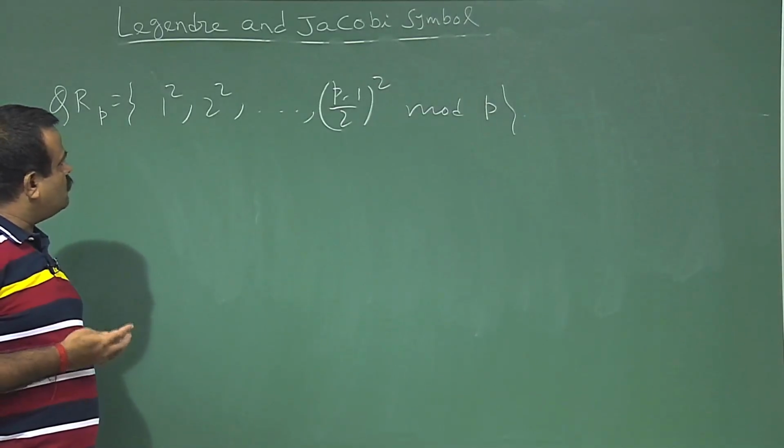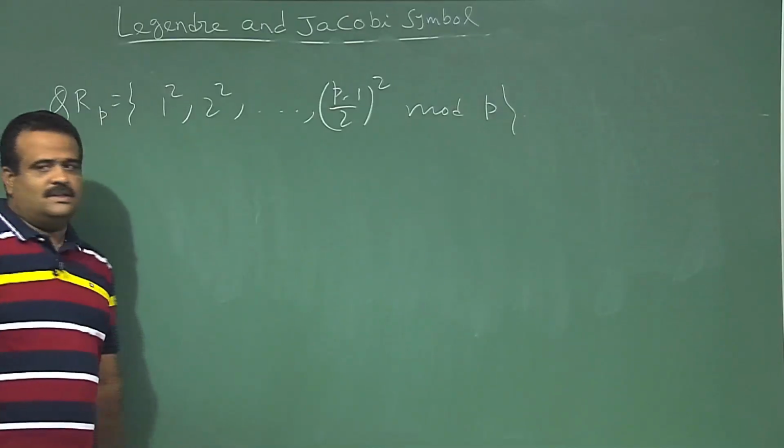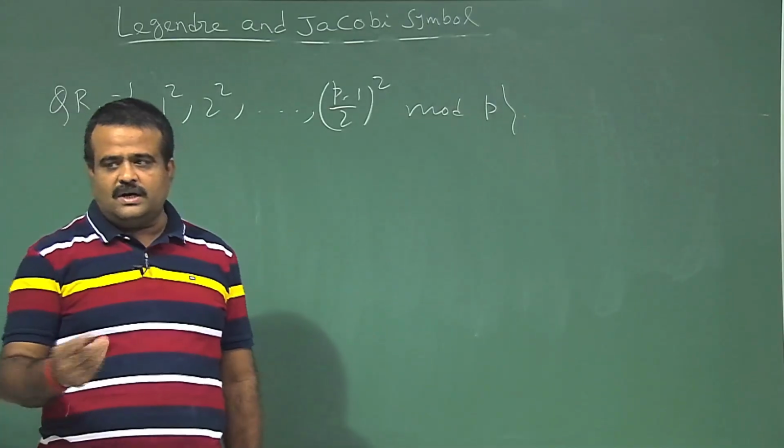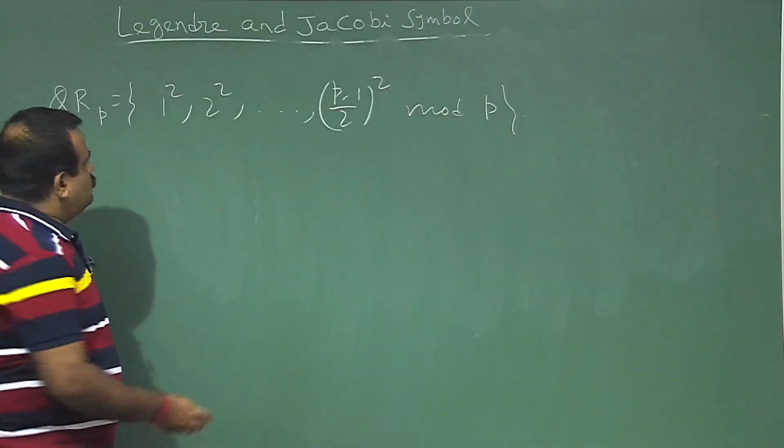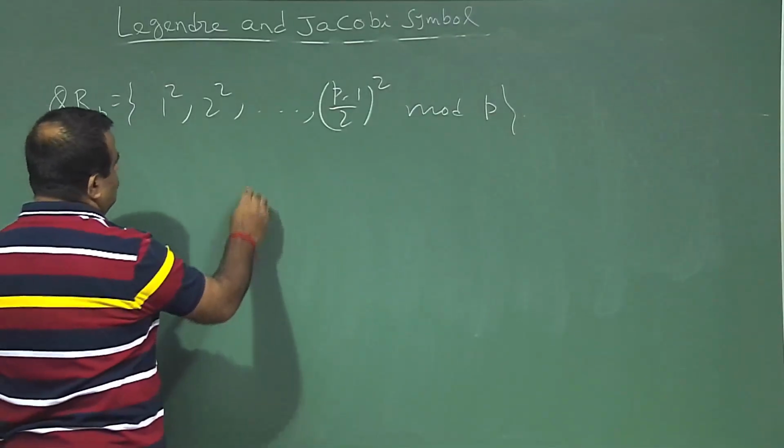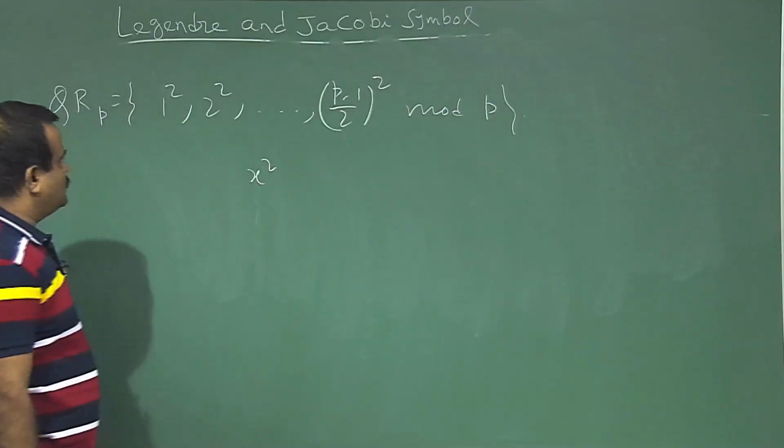So, what we need to show? We need to show that any two elements in this set are distinct, then we are done. So, let us take two elements from this set, x square and y square.